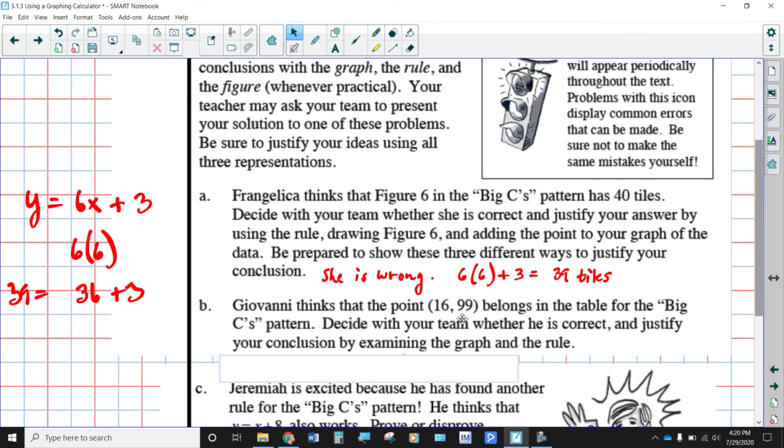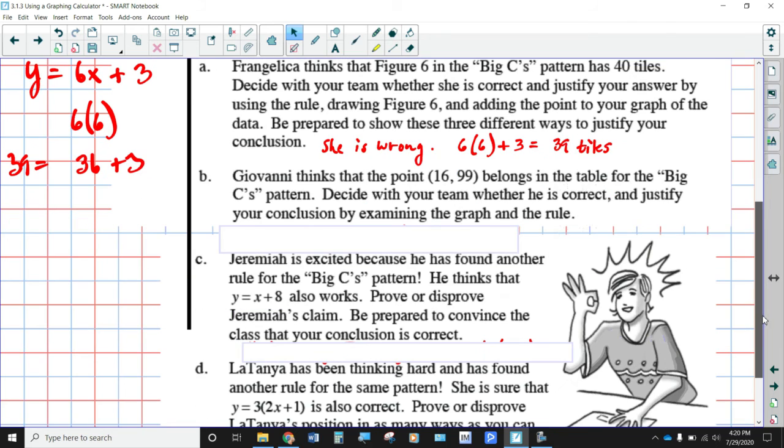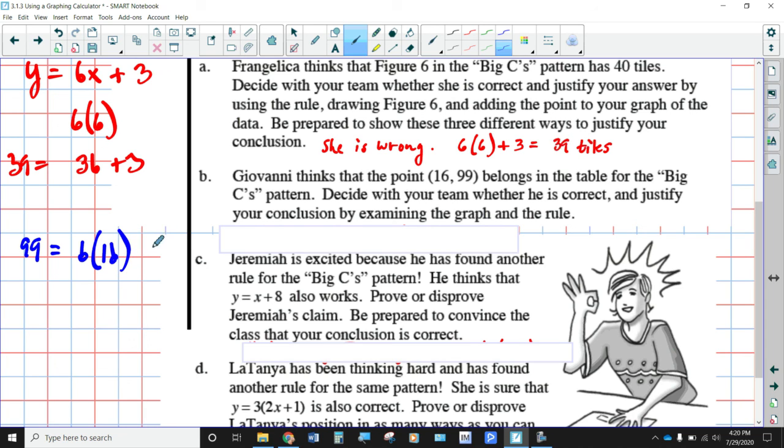Giovanni thinks that the point (16, 99) belongs on the table. Is he correct? All right, let's use the rule again. This is terrible. Why are you not printing nicely? Hold on for a second. I'm going to do a little maintenance.